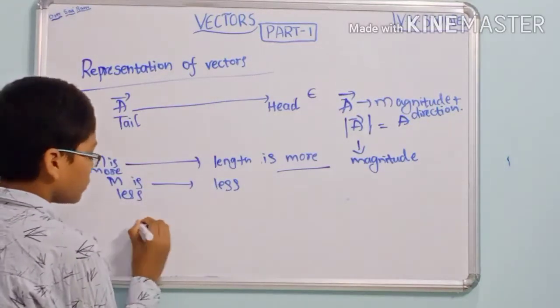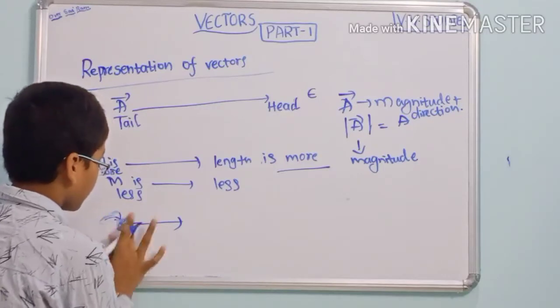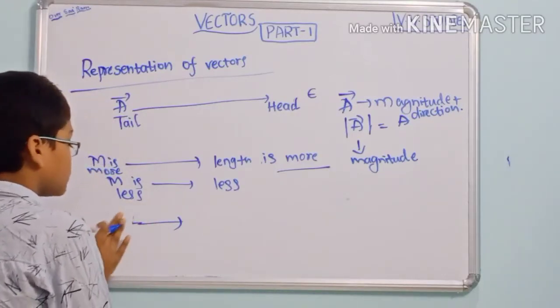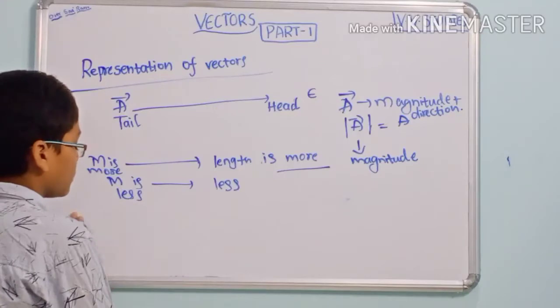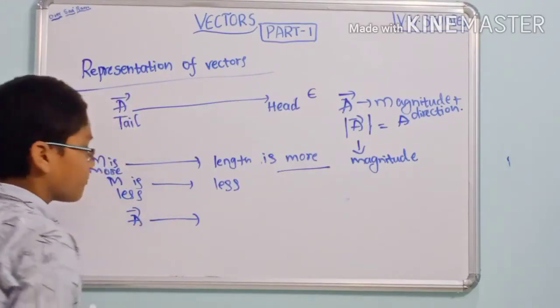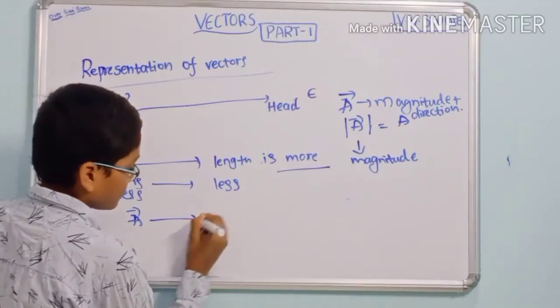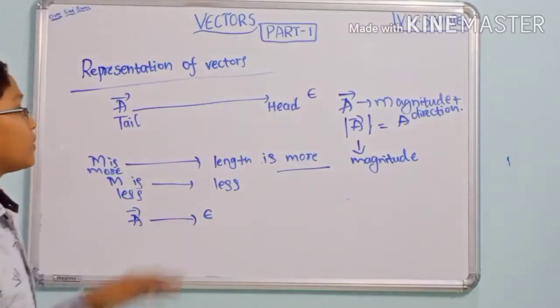See. Now, if I am taking a vector 5 meters due east, this is vector A bar. Now, this is due east. Now, how can we write?